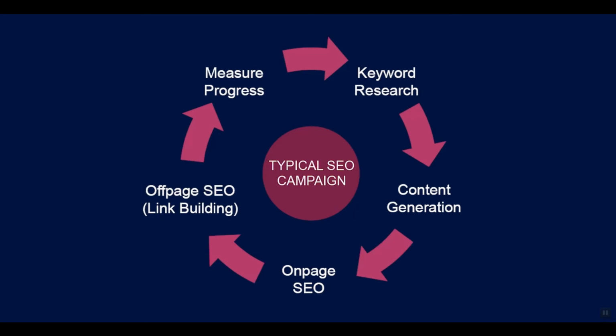And then once we have started building some backlinks to our website, we are going to move on to the fifth and final part of our process, which is measure your progress. This is exactly where you can see just how much progress you are making in Google for the keywords you would like to target.